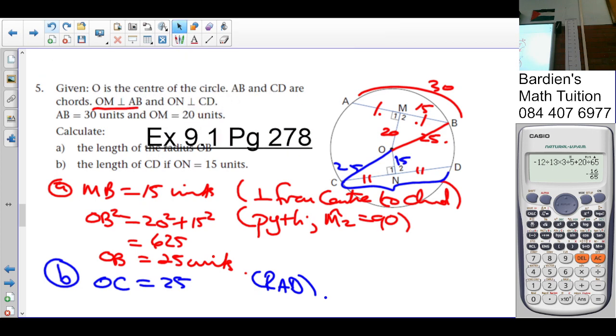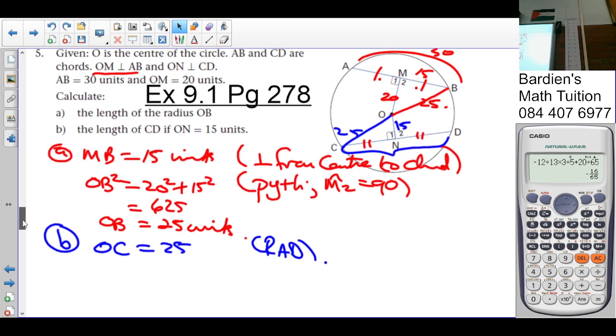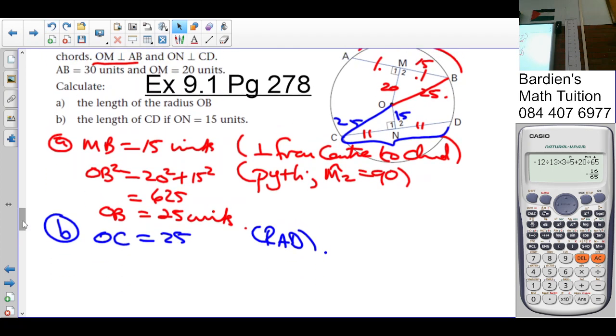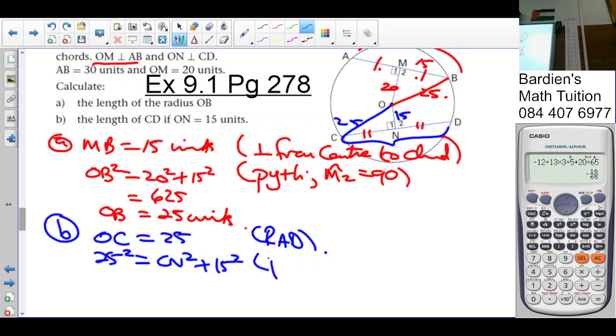I'm going to pull this down a bit. Let's go with that. We're now going to say that 25 squared is equal to CN squared plus 15 squared. You can say CN squared is equal to 25 squared minus 15 squared, the same thing. The reason there is by Pythagoras with angle N1 equals 90 degrees.